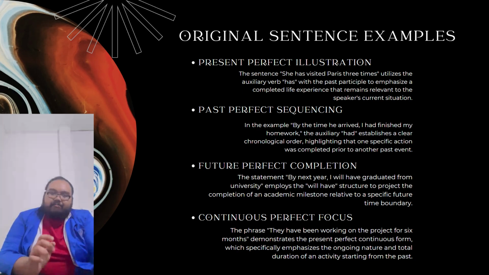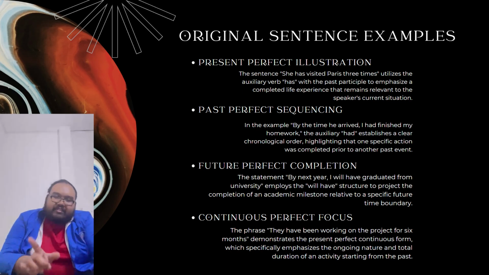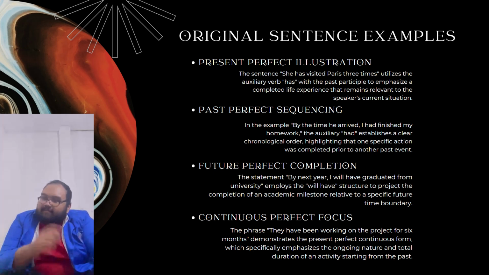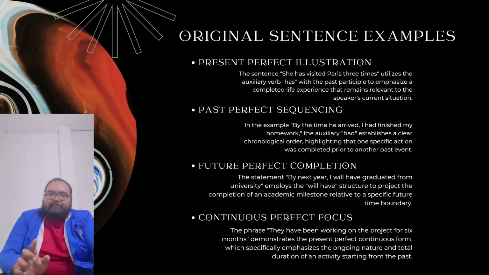Future perfect completion. The statement "By next year I will have graduated from university" employs the will have structure to project the completion of an academic milestone relative to a specific future time boundary. And continuous perfect focus.